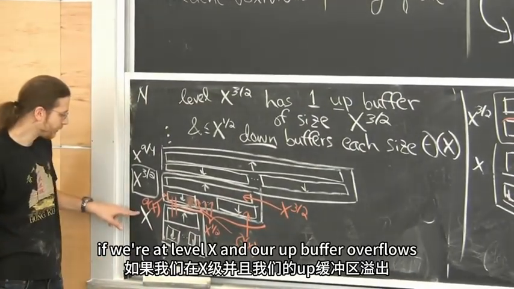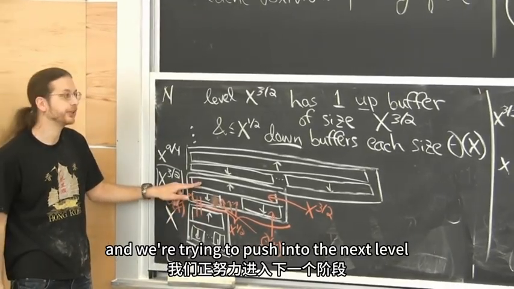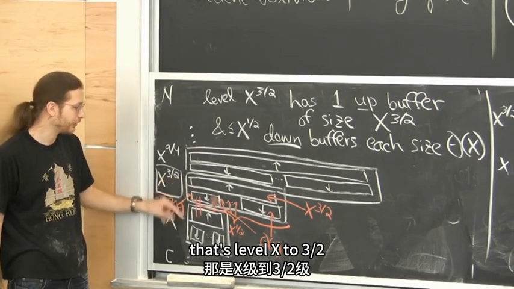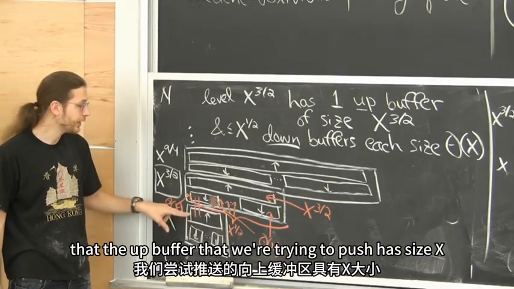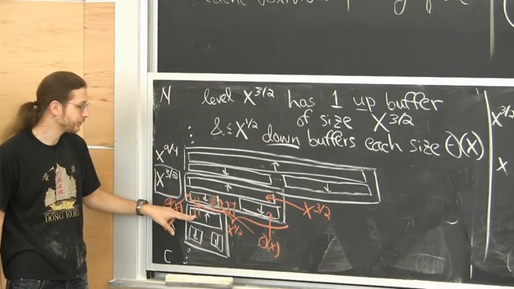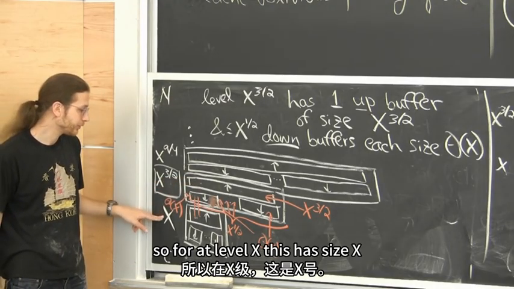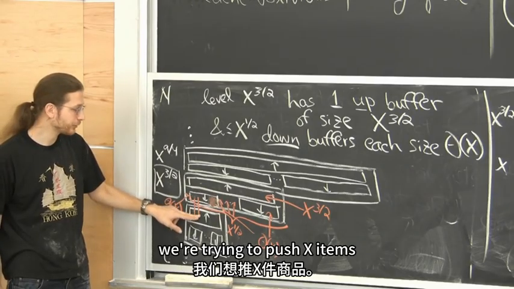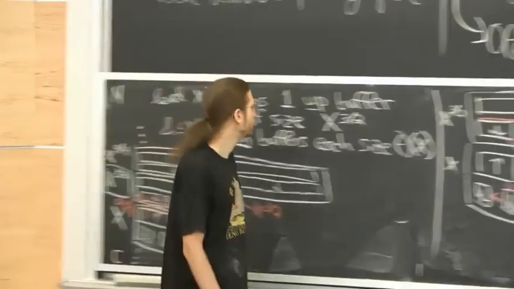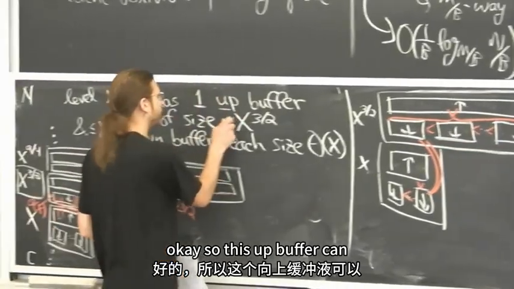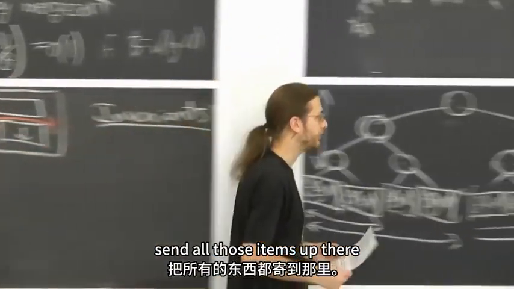If we're at level X and our up buffer overflows and we're trying to push into the next level, that's level X to the 3/2, then the up buffer that we're trying to push has size X. So the up buffer has the same size as the level name. So if we're at level X, this has size X. We're trying to push X items up into the next thing. Okay, so this up buffer we're going to empty out, send all those items up there.